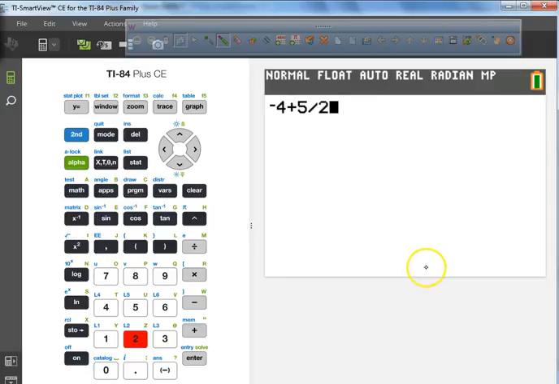It would just divide 5. It would do 5 divided by 2, and then it would add it to a negative 4, because even if you don't know order of operations, guess what knows the order of operations? Your calculator. So what do you have to do to make sure you don't screw it up? Put parentheses, negative 4 plus 5, close parentheses, then divide it by 2.